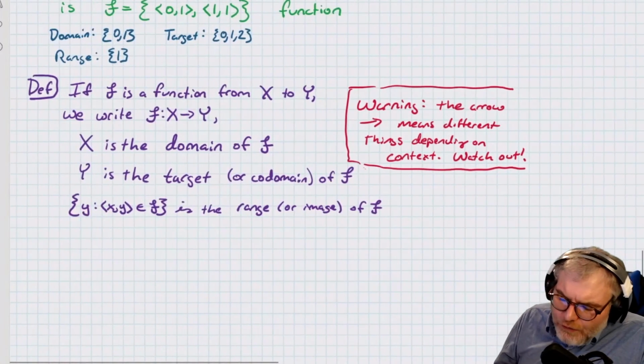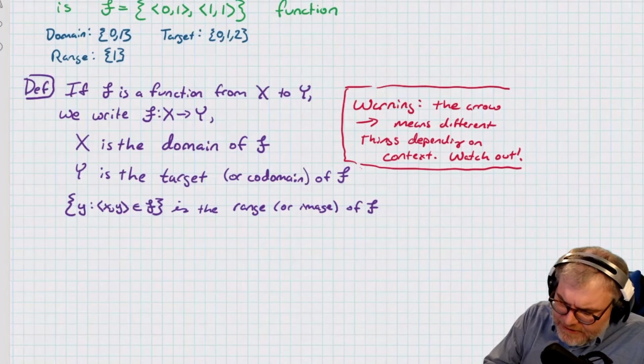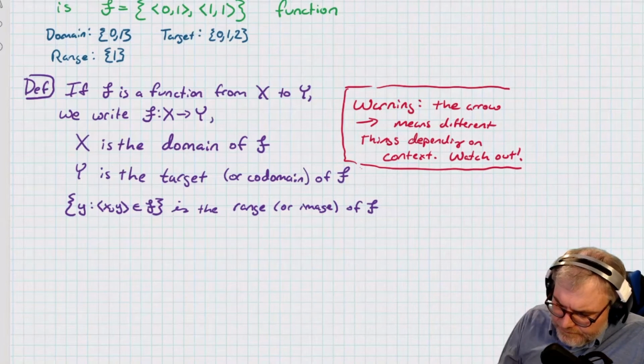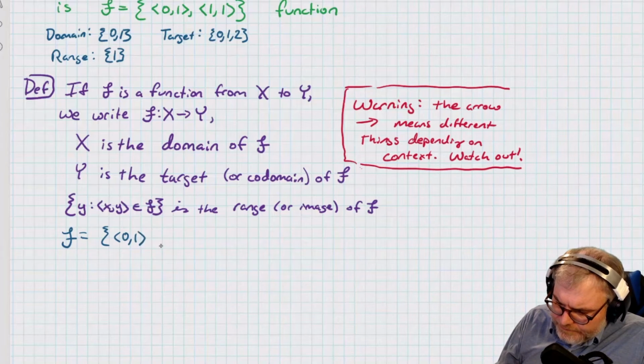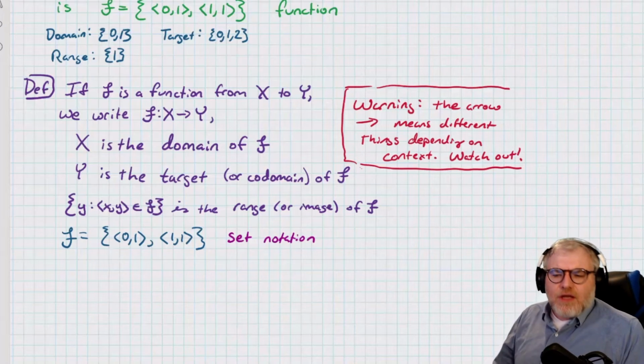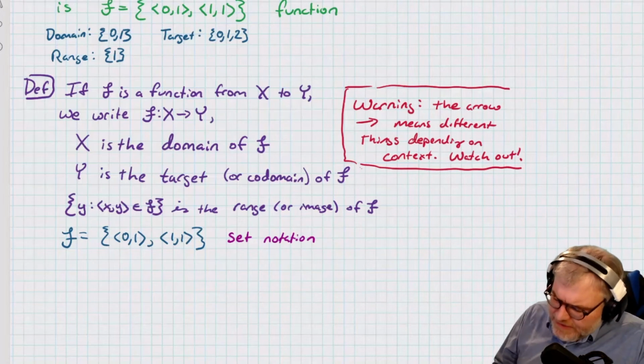All right. So how can I write f? This right here is set notation. So let's write this again. f equals (0, 1), (1, 1). This is called set notation. Now, I can also write it in rule notation. So how would I write this in rule notation?